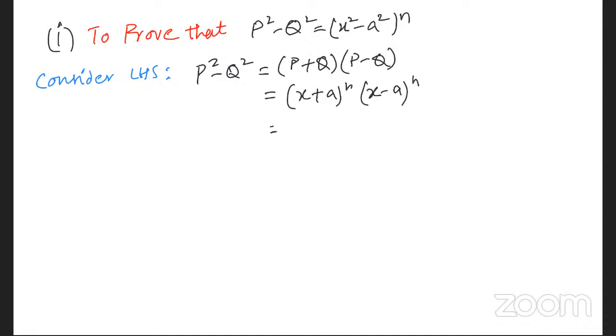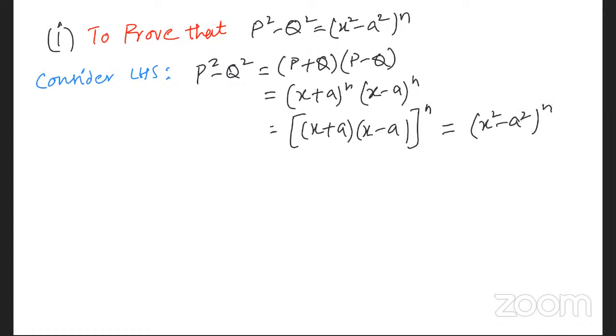So this is x plus a into x minus a whole to the power of n, which is nothing but x square minus a square whole to the power of n. So this we got from equation 1 and equation 2.